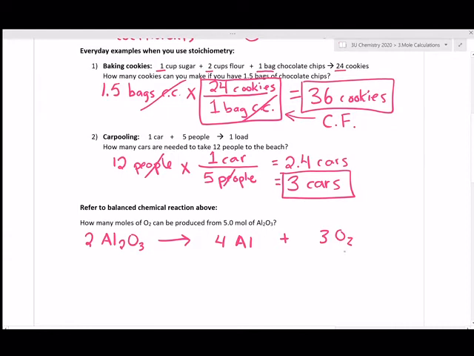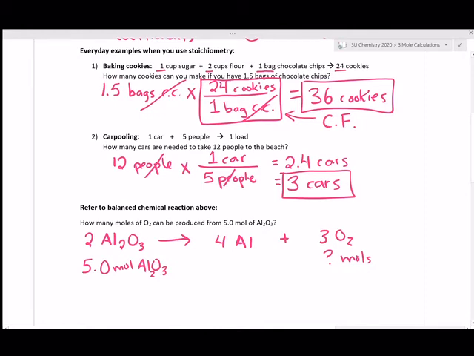So over here under oxygen, I'm going to write question mark moles. Okay, that's what I'm going for. And then I have 5 moles of aluminum oxide. So here's aluminum oxide. So 5.0 moles of aluminum oxide is what I'm given.